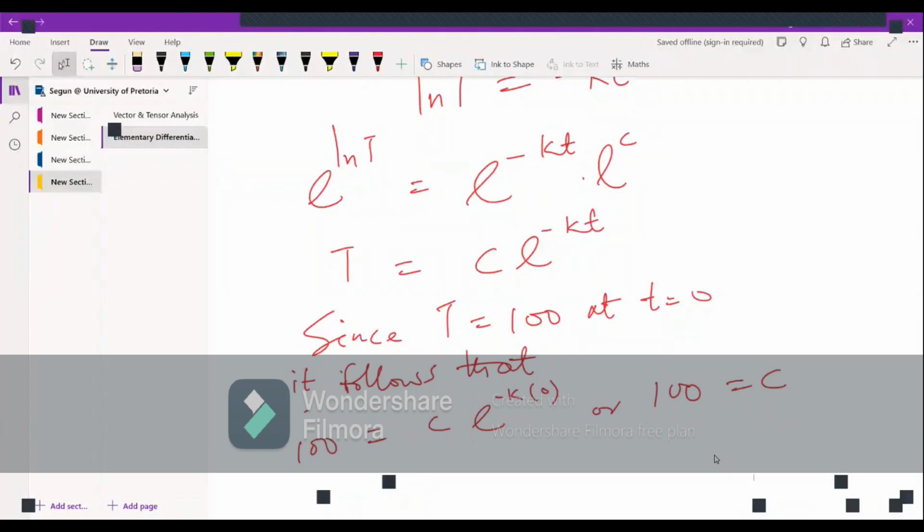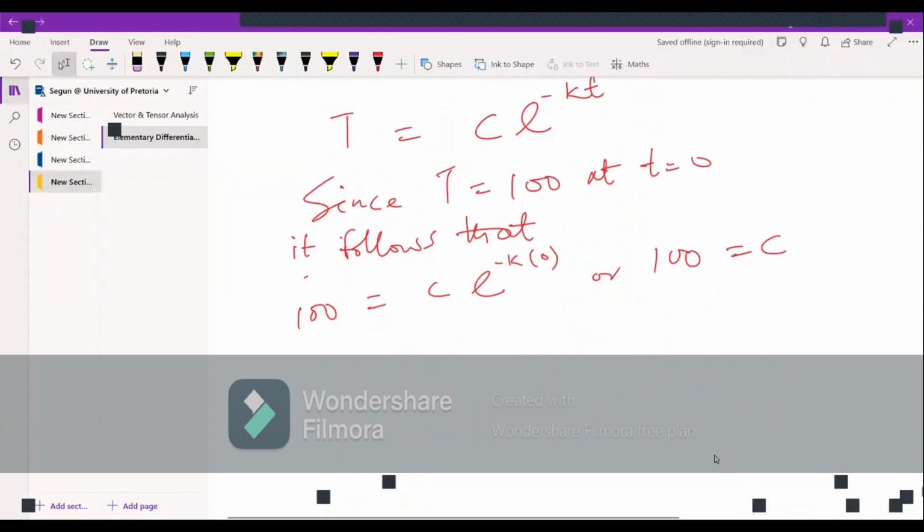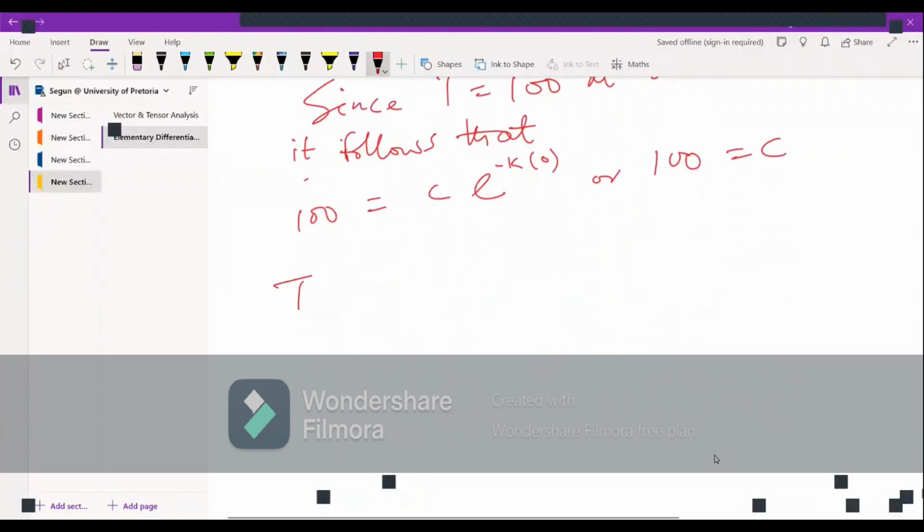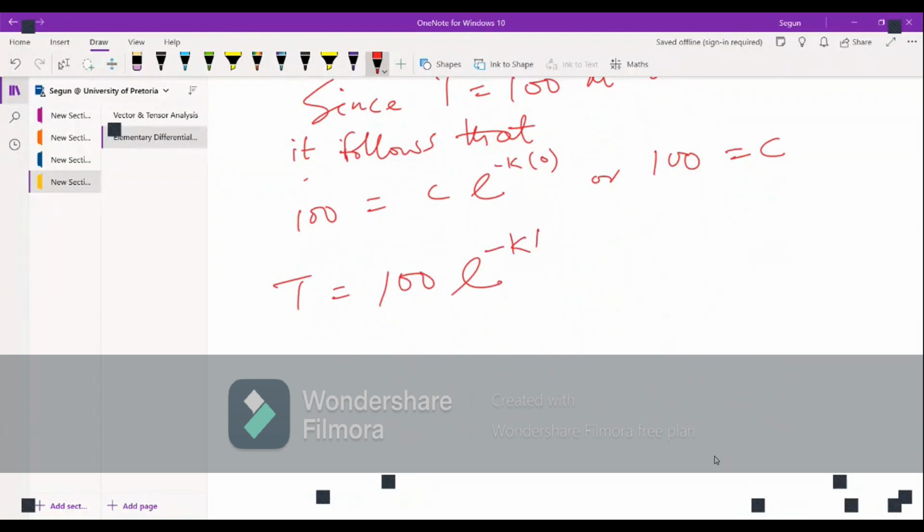We can now go ahead and say our T will now equal 100 e to the minus kt, which becomes our equation 2.